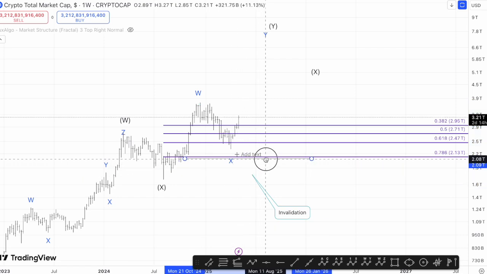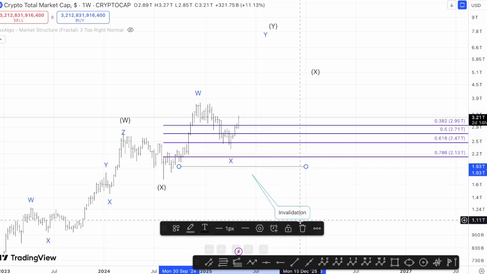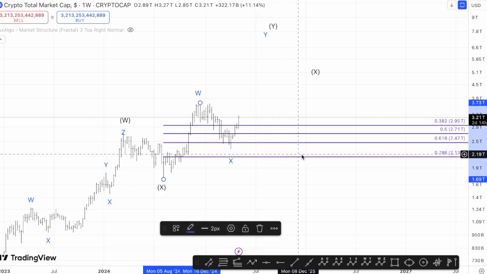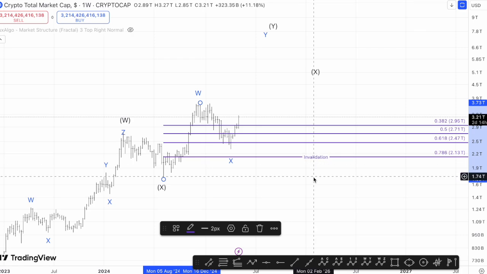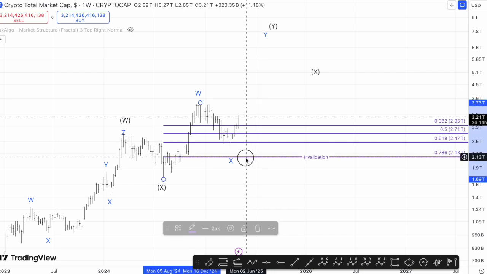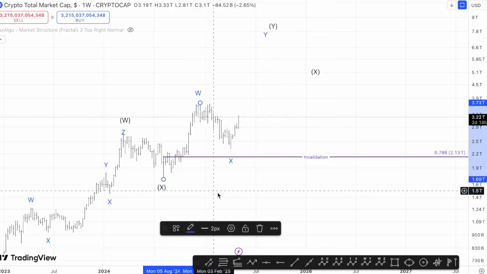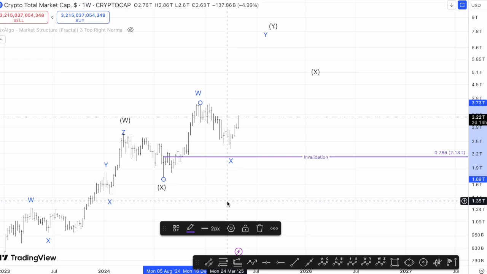So if we have a weekly close below this level, we could say that this count and the scenario for the midterm is invalidated. But for now, we're just considering a bullish market.